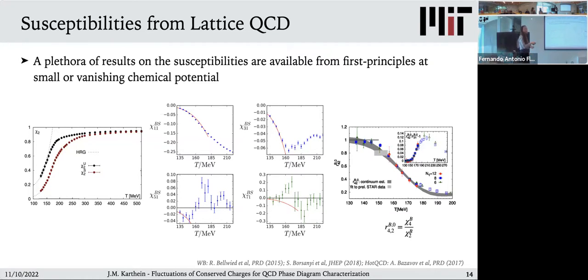There are many off-diagonal susceptibilities that are available from, for example, here, the results from the Budapest-Wuppertal collaboration, and also ratios of these higher order moments. This one we're particularly interested in, looking at the fluctuations of net baryon number, and this is something that is going to be discussed quite heavily in this talk. So this is the second order moment of the net baryon fluctuations, and we'll see how we can describe that within our models.